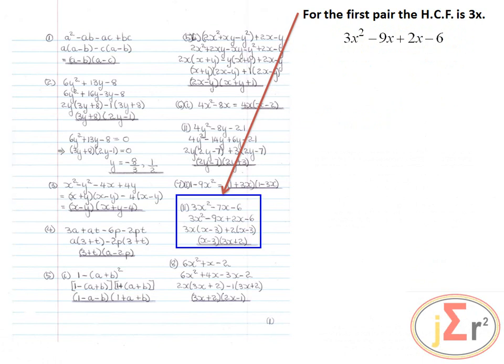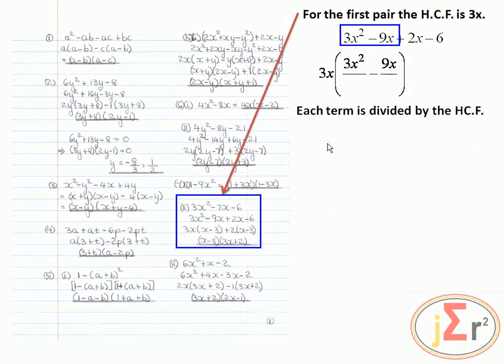We have them resolved, and we will factorize by grouping, by taking the first pair first. The HCF of the first pair is 3x. 3 can go into 3 and 9. X can go into x squared and x. 3x is our common factor. And what do we do? As usual, we divide each term by the highest common factor.